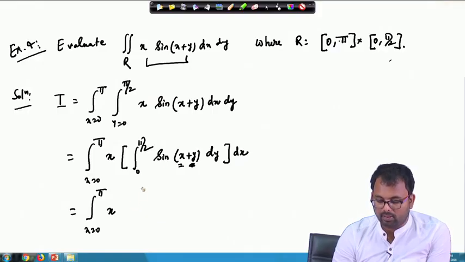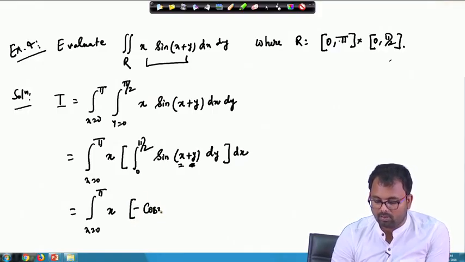The integral of sine is minus cos (x plus y), evaluated from 0 to pi by 2, dx.